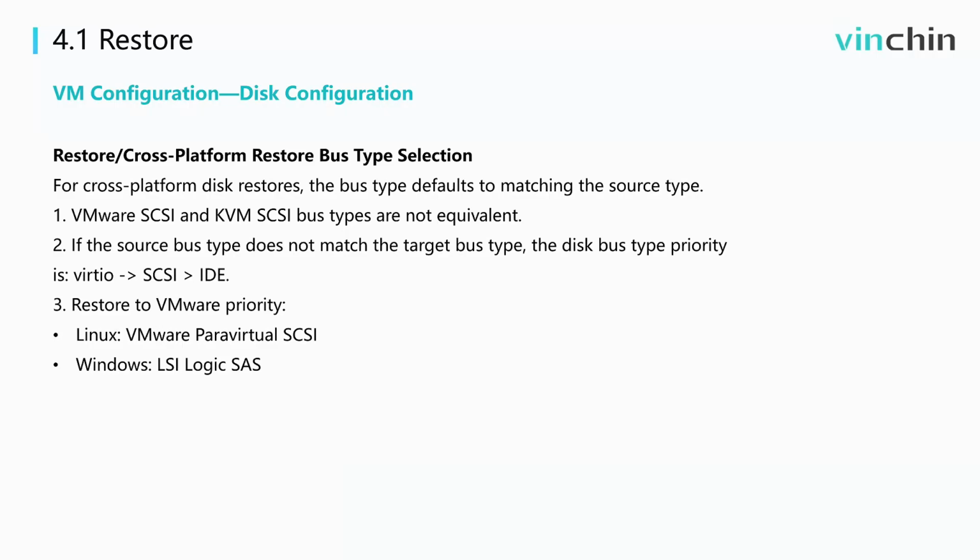If the source bus type does not match the target bus type, the disk bus type priority is virtual SCSI and IDE. If you restore to VMware, the priority for Linux is VMware virtual SCSI, and for Windows it will select LSI Logic SAS.